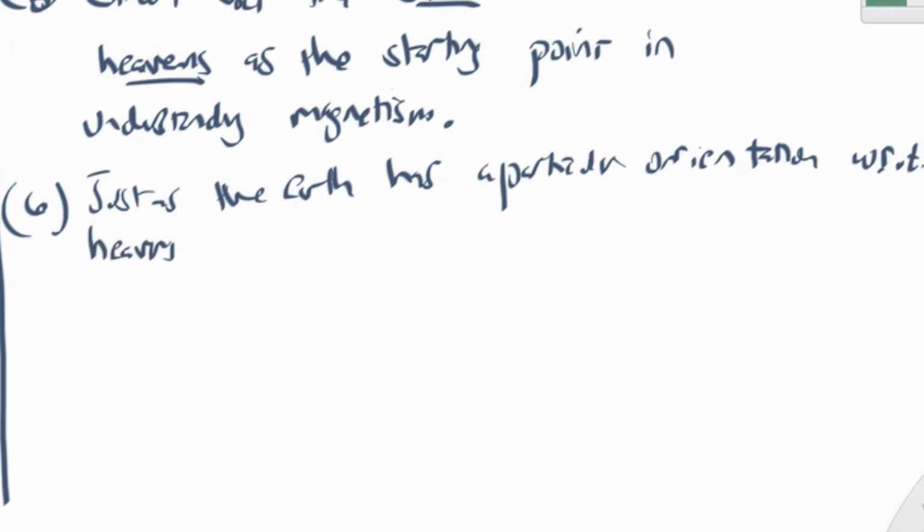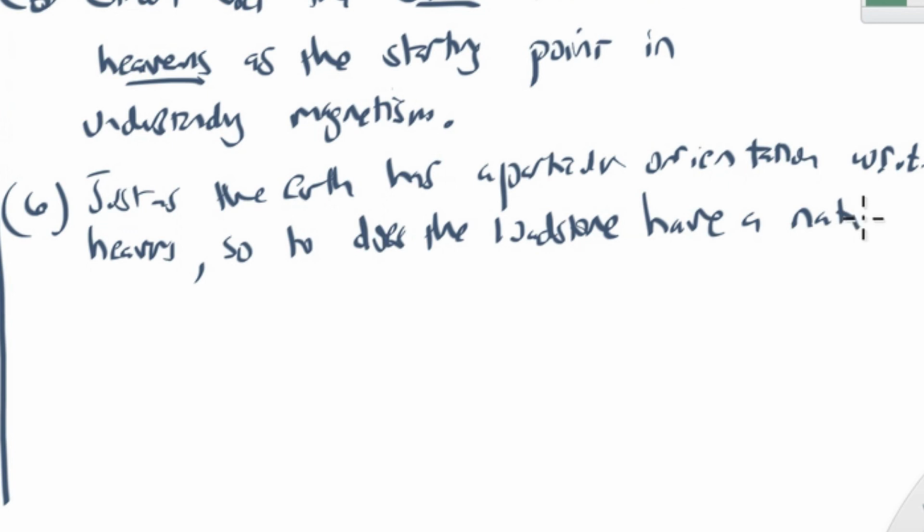After all, the pole of the Earth lines up with the North Star, the Polaris. He says, so too does the lodestone or other magnetized objects. Does the lodestone have a natural orientation with respect to the Earth itself?